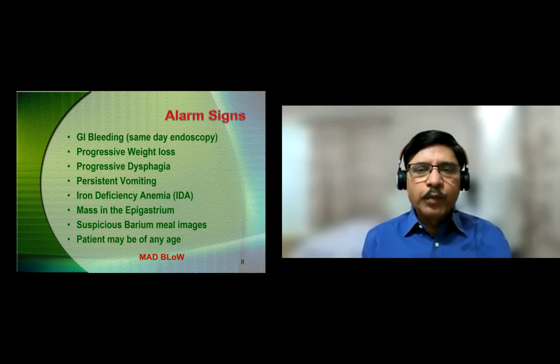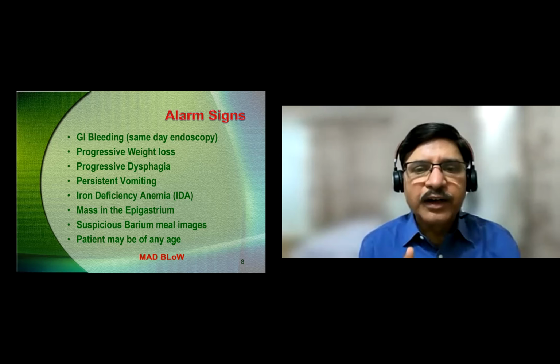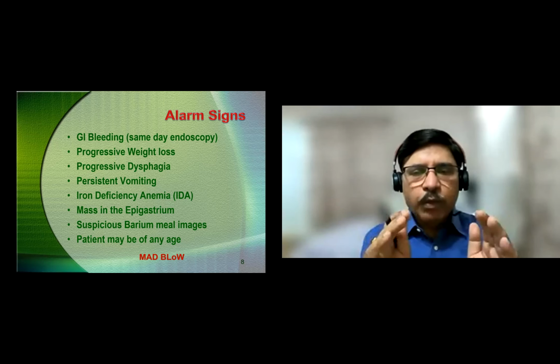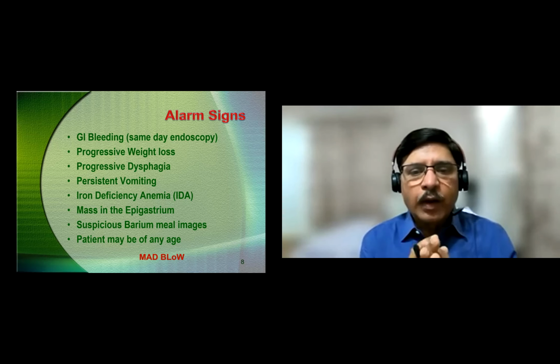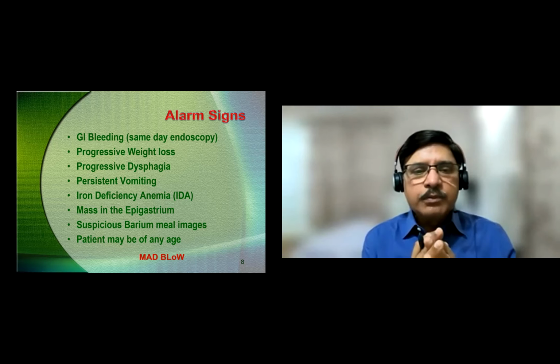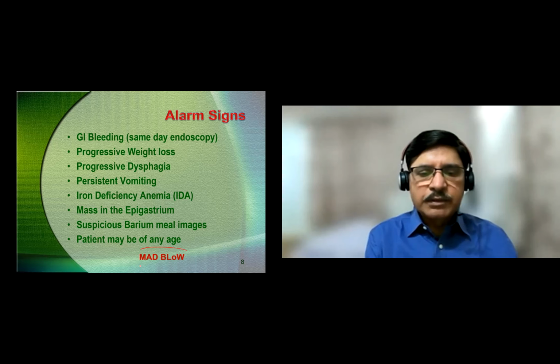And I'm going to tell you another very clinically important thing. A patient walks into your room, the patient has 4-week symptoms, upper abdominal symptoms, pain related to food, and he is fit to be called a patient of dyspepsia. Then immediately, does he have the alarm signs? What are alarm signs? These are the alarm signs. I make it as MAD BLOW.